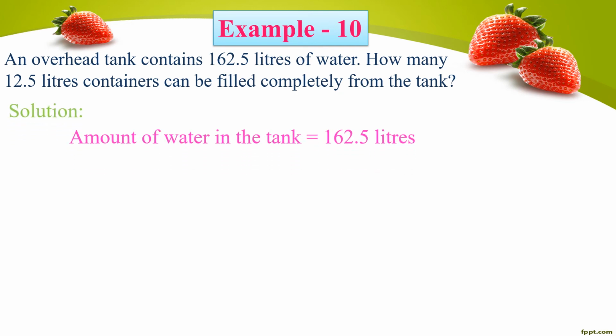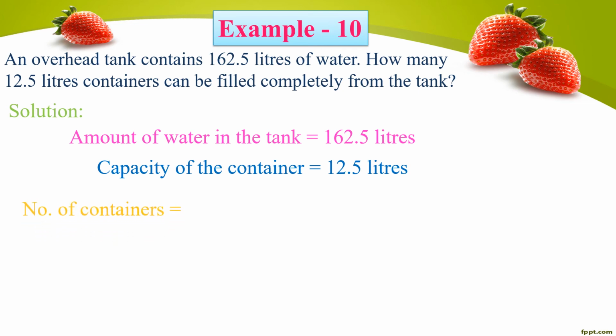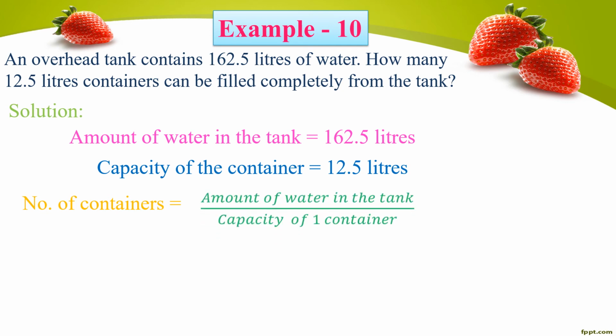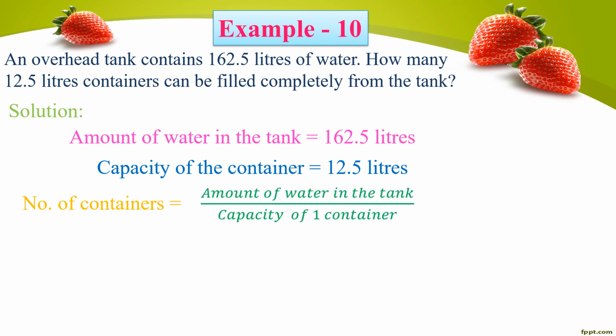Amount of water in the tank is equal to 162.5 liters. Capacity of the container is equal to 12.5 liters. Therefore, the number of containers can be found using the formula: amount of water in the tank divided by capacity of one container. So, 162.5 divided by 12.5.